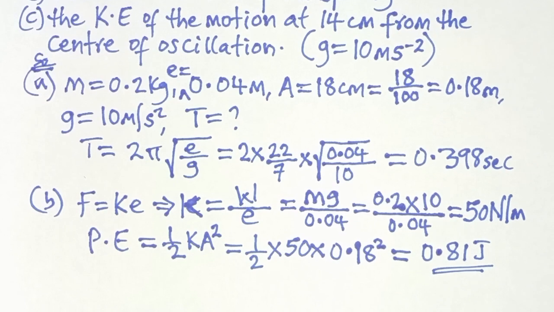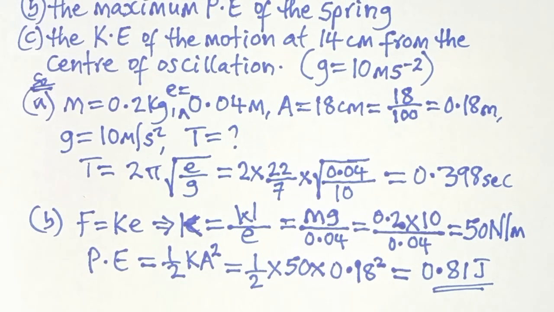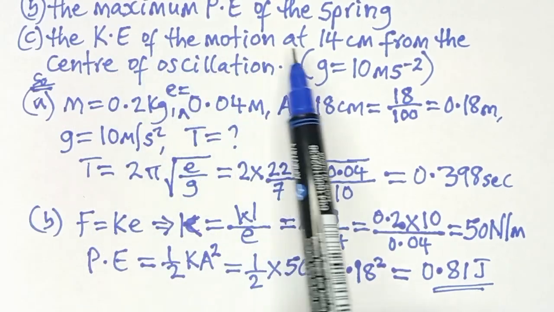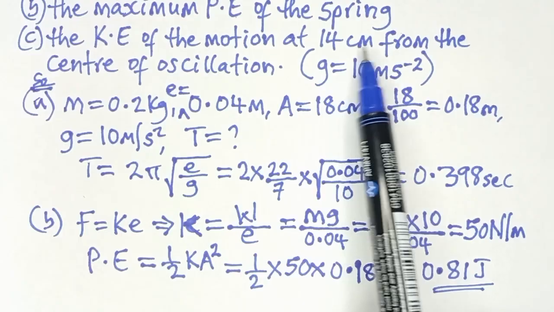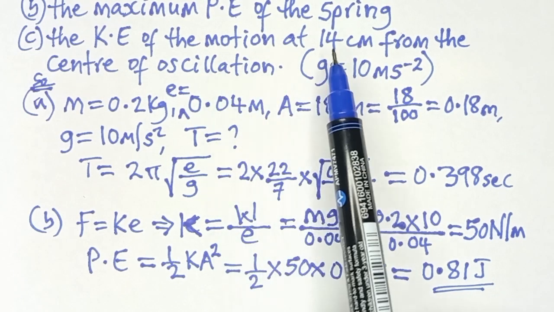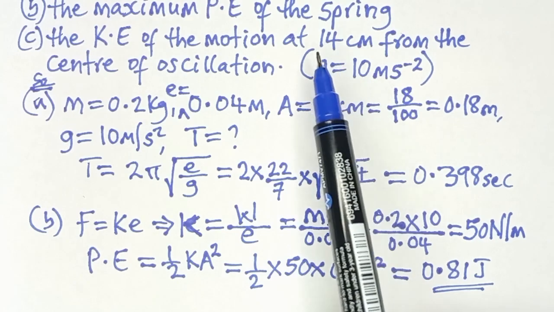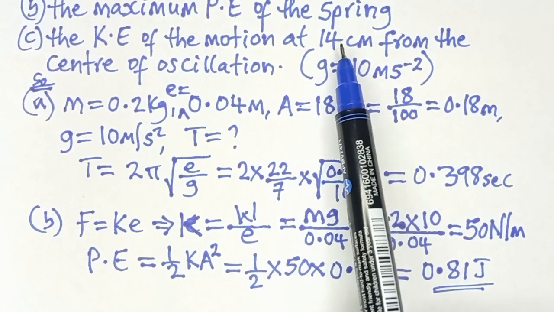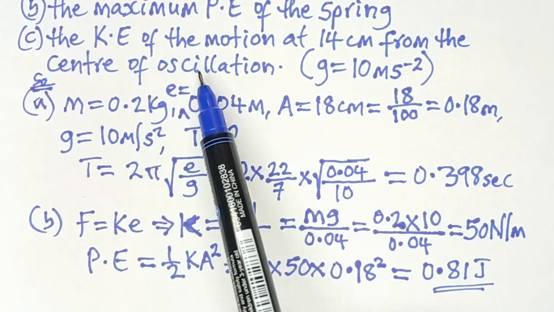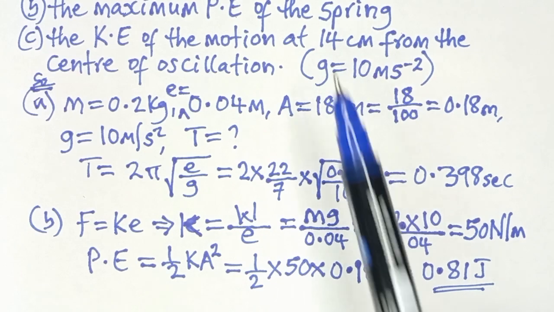So finally, let's move on to the C part of the question. The C part of the question says we should calculate the kinetic energy of the motion at 14 centimeter from the center of oscillation. So we are given the value of x in this case. The distance from the center of oscillation is taken as x. The amplitude is taken as a, and the distance from the center of the motion is taken as x, which is 14 centimeter.